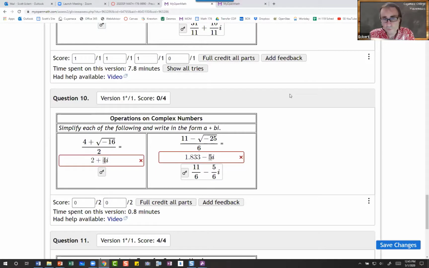Then we want to review for the test. And then we want to look at 9.1. So that's the game plan here. Let's do some work with complex numbers. There is no place really in your book for this.